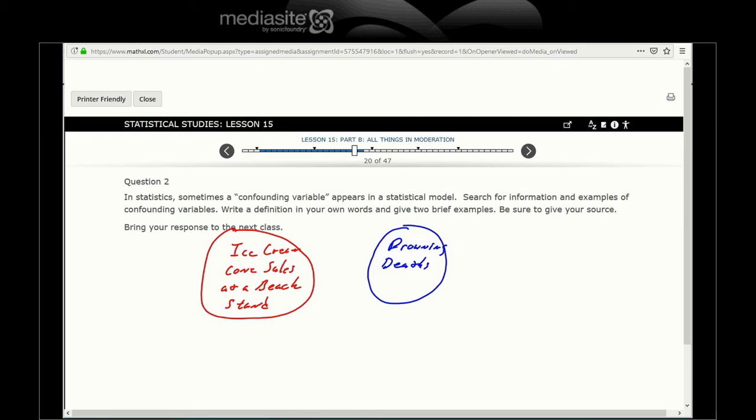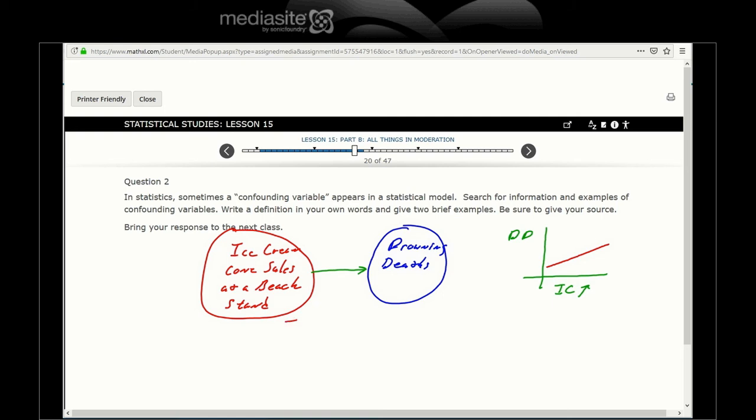And they did a study. And they found as ice cream sales increased, drowning deaths increased. So obviously, the sales of ice cream causes drowning deaths.